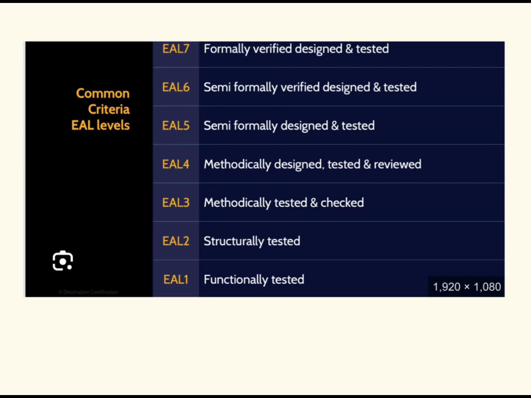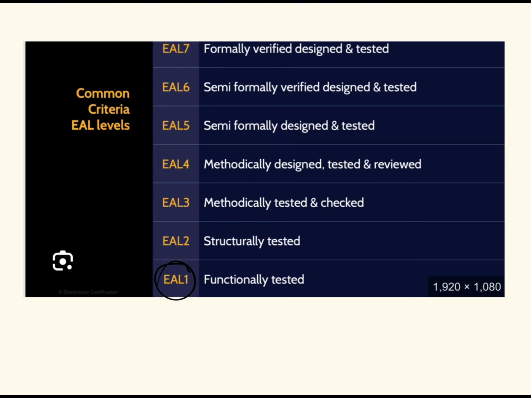So now let's walk through all these EAL levels using layman examples. For instance, EAL1 is functionally tested. Does it basically work? For example, consumer antivirus, home router, cheap firewall.